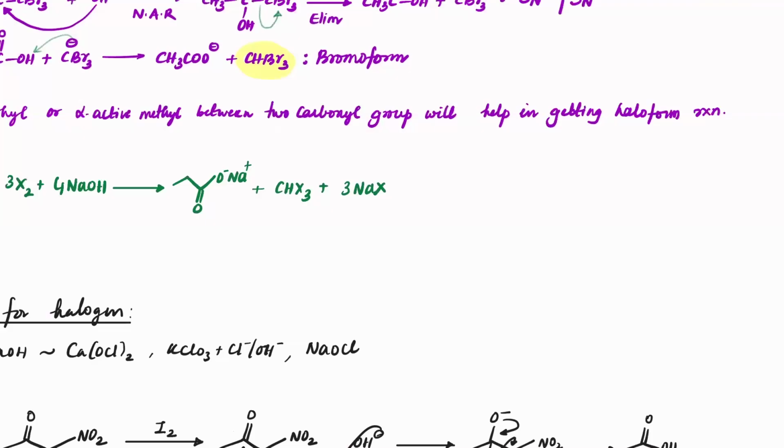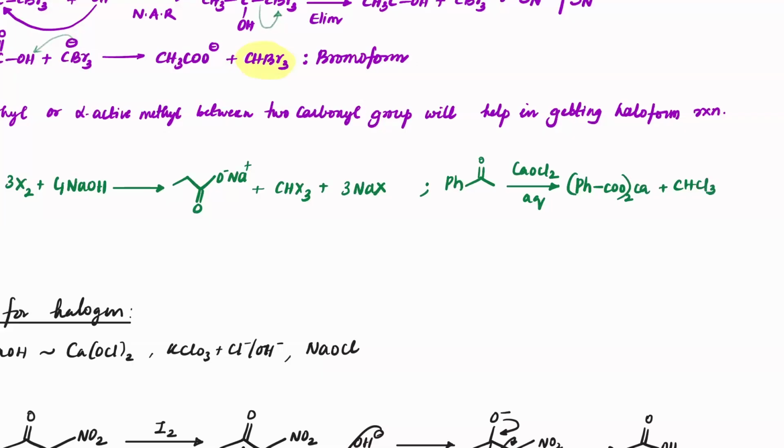So you can have the phenyl group also like this. Suppose I have a phenyl ketone this way, and you react it with CaOCl2, which is another way of representing it. Instead of writing chlorine in NaOH, we can write CaOCl2 aqueous. That will give the same result. So we get COO minus with calcium plus, and here we'll have CHCl3.